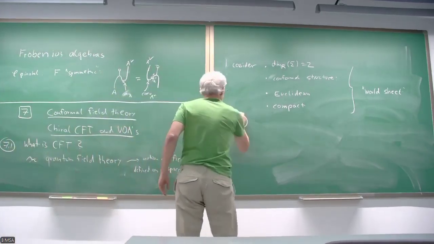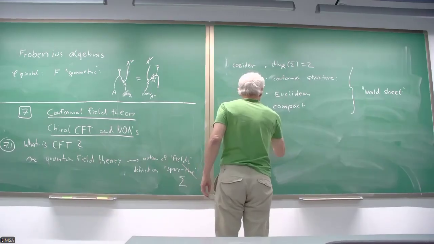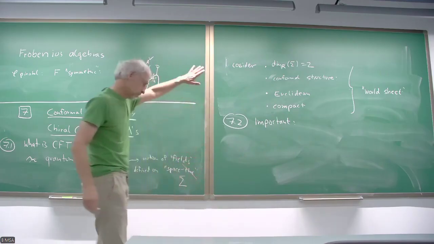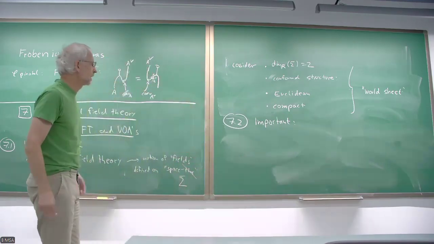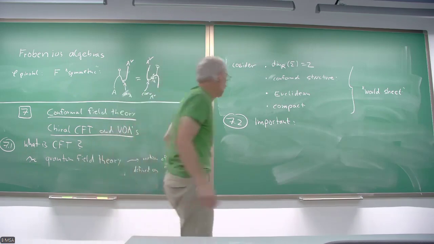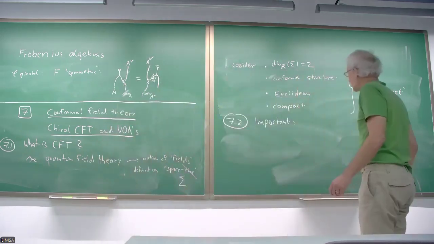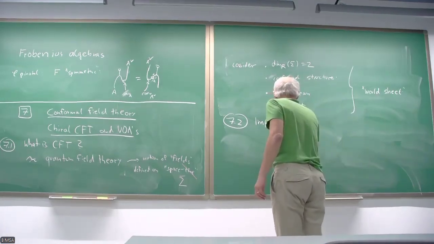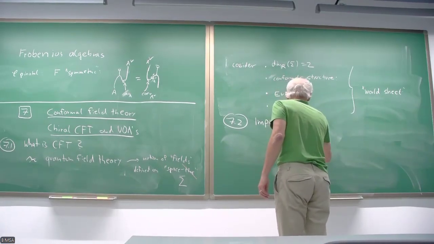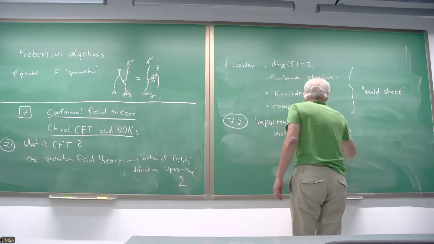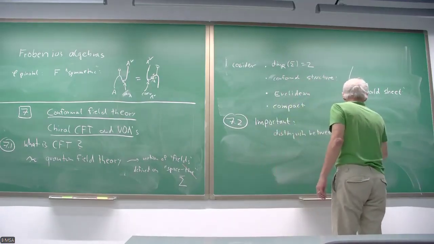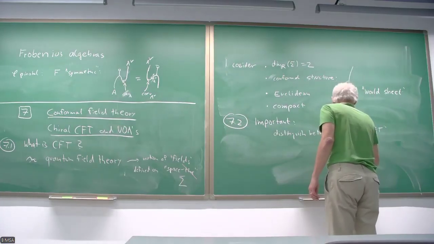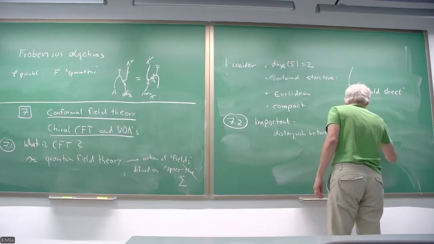There is now one important distinction between two types of conformal field theories, which both, to some extent, are described in this way. I will be more precise soon. There is a distinction between what is called chiral CFT and what is called full CFT.